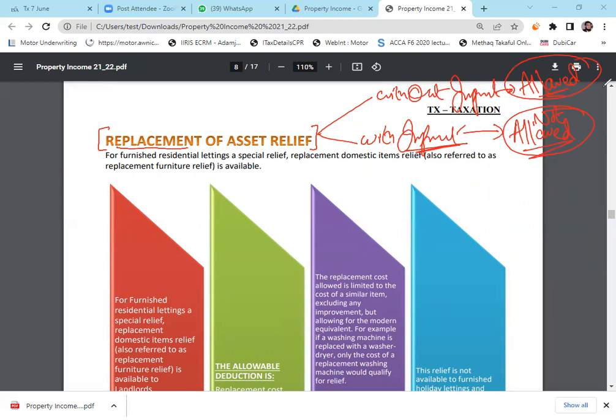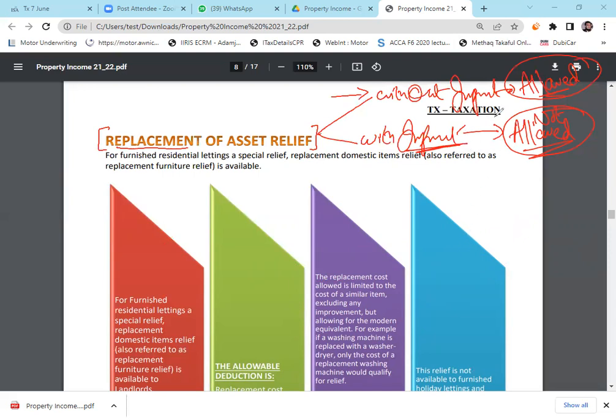I gave you an example earlier. Replacement of the same type of asset with the same model is an example of without improvement. But if you are replacing your existing asset with a higher quality or higher brand, or an improved version, it will be with improvement. And with improvement, we will write 0 because it's not allowed.